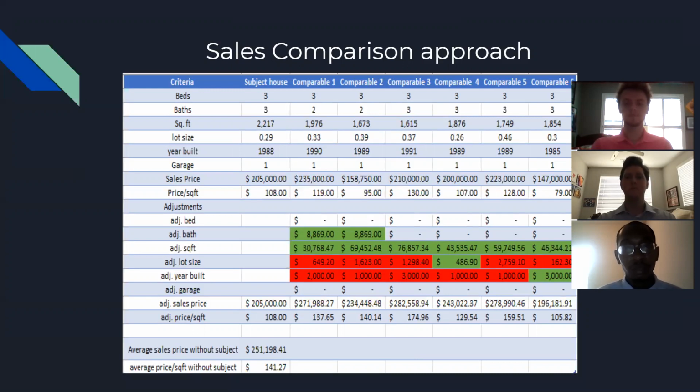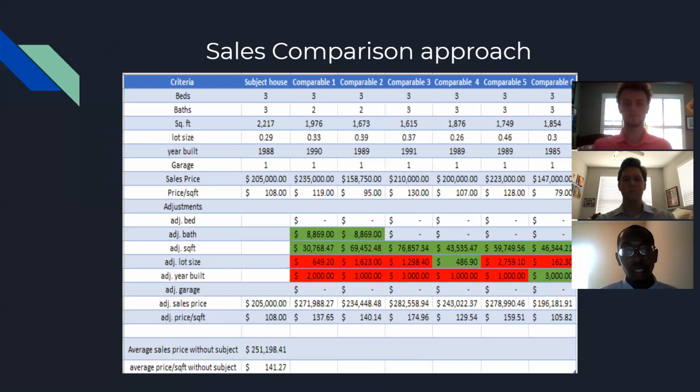For the bath, we researched an estimate to see how much it would cost to add a bathroom, which was $8,869. For the square footage, we found the average price per square foot based on our 6 comparables, and then we subtracted the subject house square footage from the comparable square footage, and we multiplied that by that number to get our adjustments.